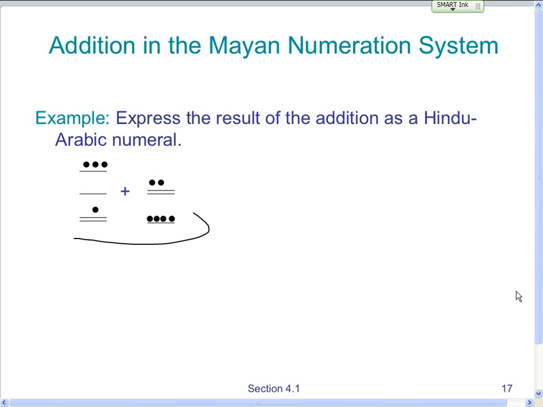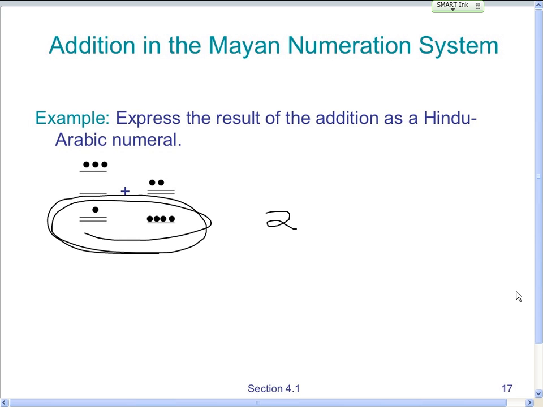So how many ones do we have? Well, we've got a total of 3 sticks, and we've got a total of 1, 2, 3, 4, 5 dots. So 3 sticks would be 15, 5 dots would be 5. So altogether, this number right here at the bottom represents our quantity of 20, and since it's at the bottom, we multiply it times 1. So this is 20, and it's in the ones place.